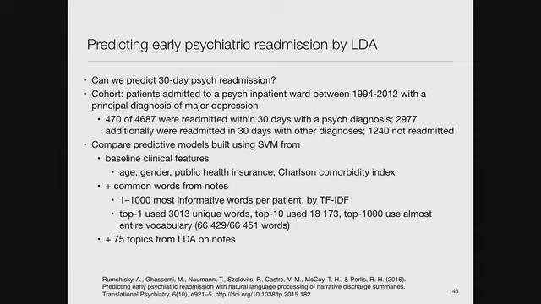And so we had this cohort of patients, close to 5,000 patients. About 10% of them were readmitted with a psych diagnosis, and almost 3,000 of them were readmitted with other diagnoses. So one thing this tells you right away is that if you're dealing with psychiatric patients, they come and go to the hospital frequently.